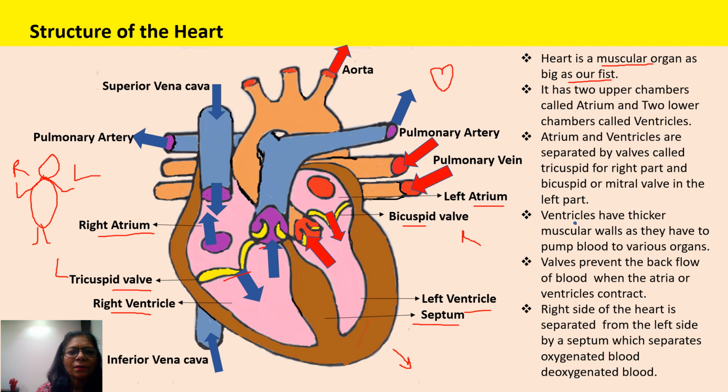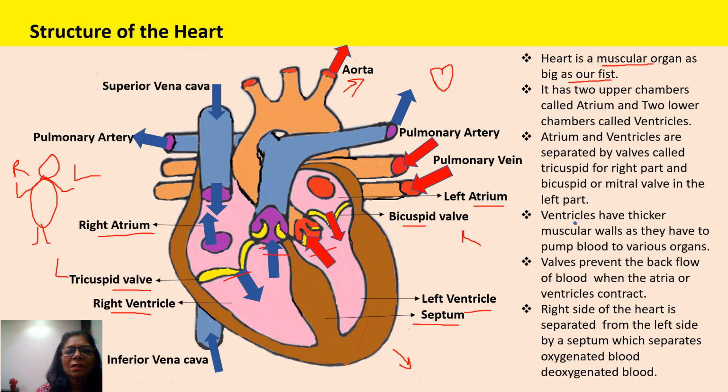The pulmonary artery and the aorta also have valves, which prevent the backflow of blood into the ventricles. Aorta is the largest artery of the body and it branches and supplies all the parts of the body.